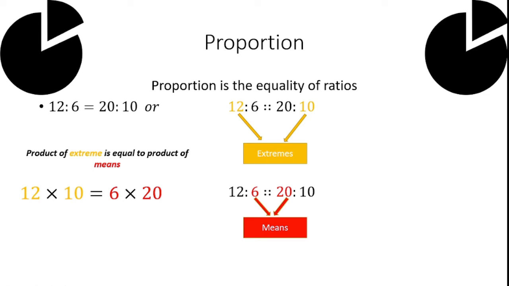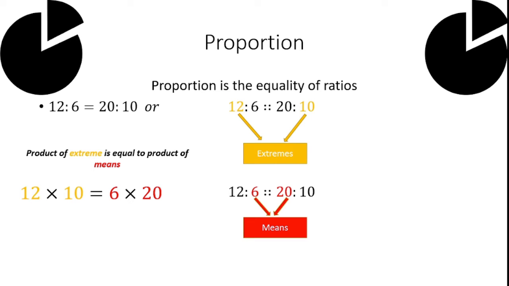So in proportion there are two kinds of terms: extremes and means. Extremes are the extreme ends, which means, according to our example, the first quantity and the fourth quantity. The means are the intermediate quantities, the second and third terms. So the proportion states that the product of extremes is equal to the product of means.